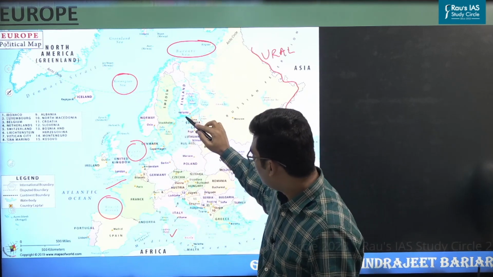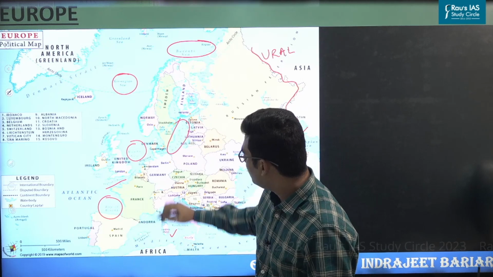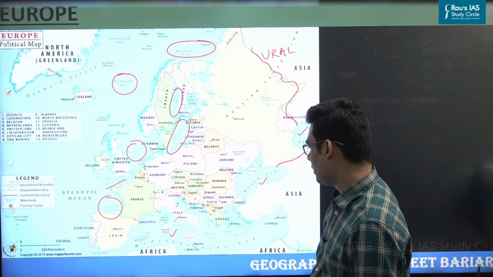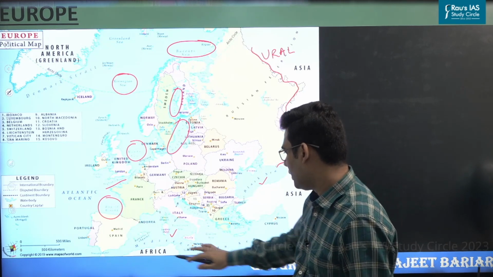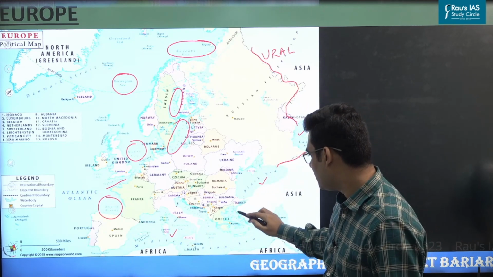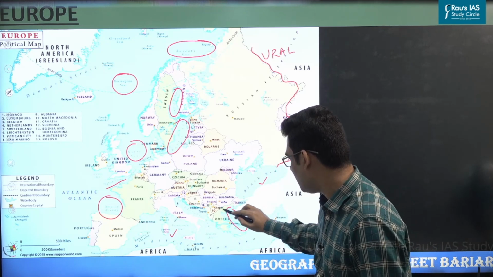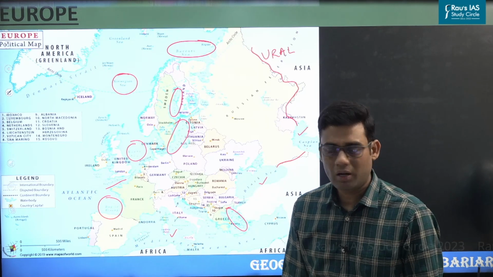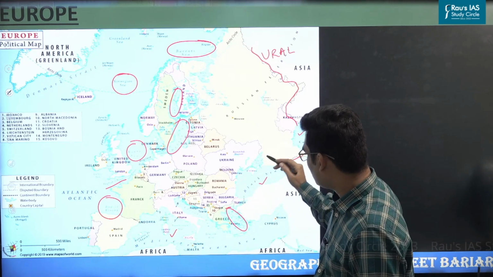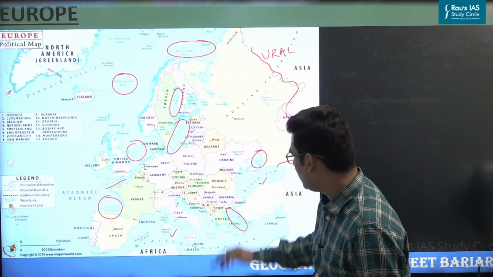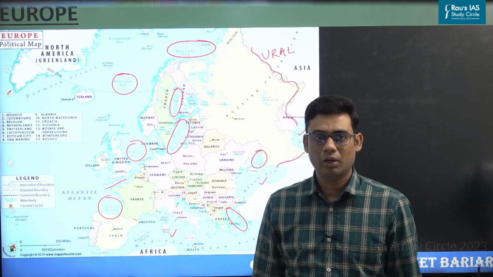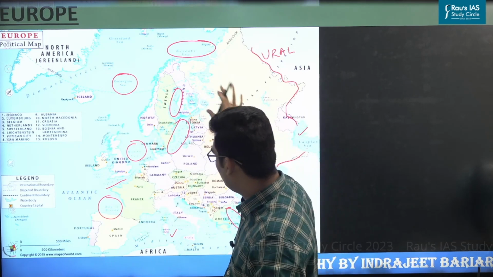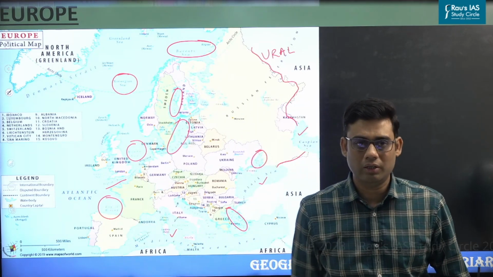In the interior parts I have the Baltic Sea and the Gulf of Bothnia. Similarly, in this part of the Mediterranean Sea, this is called the Aegean Sea, and towards the north of the Black Sea you have the Sea of Azov. These are the most important water bodies surrounding the continent that is Europe.